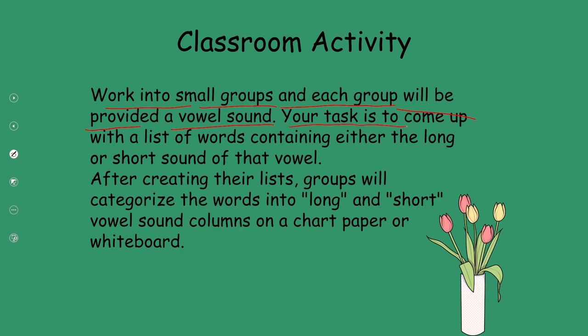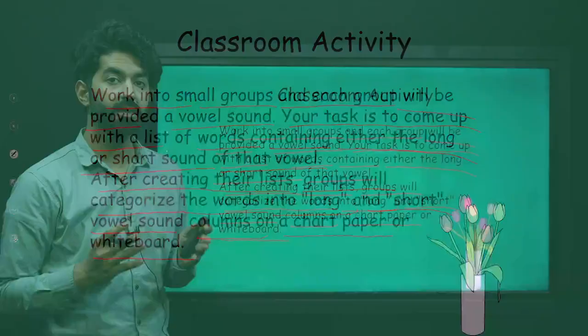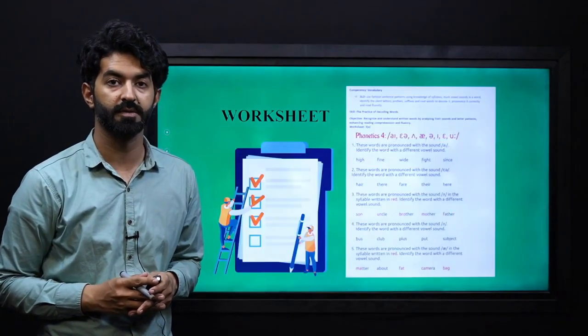Your task is to come up with a list of words containing either the long or short sound of that vowel. After creating your list, groups will categorize the words into long and short vowel sound columns on a chart paper or whiteboard. This is your classroom activity to practice the shorter or longer vowels.